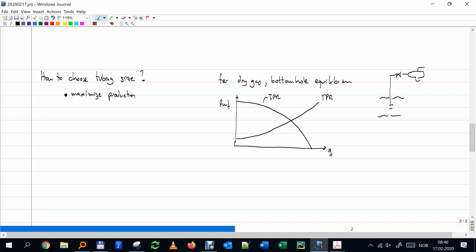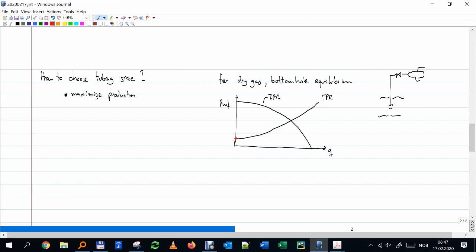So the tubing diameter, which curve is it affecting? The TPR, right? So if I increase the diameter, what should happen with the TPR? Everybody agrees? Yeah, I have less frictional losses, right? The origin will still be the same, because there is simply hydrostatic pressure, and if capillary pressure is not an issue, it doesn't matter if I have a 1.5 inch or a 9 inch.